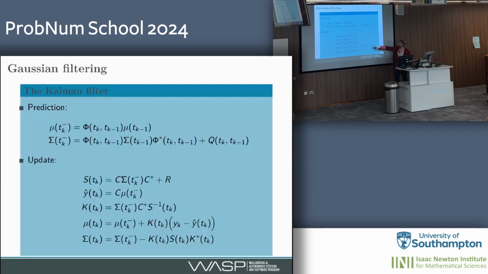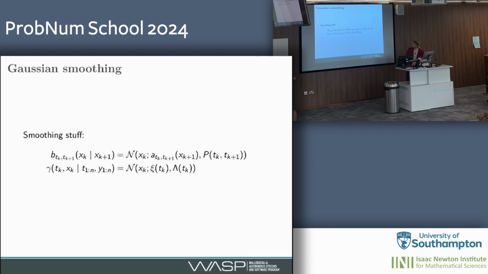And the update here is just Gaussian conditioning. You're all familiar with it. S is my marginal measurement covariance, and then I call this K matrix the gain matrix, which corrects my mean estimate given the measurement error. And then you have a downdate for the covariance.